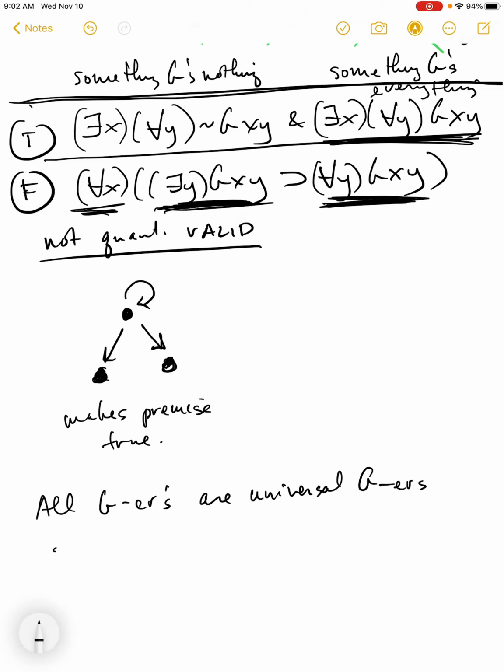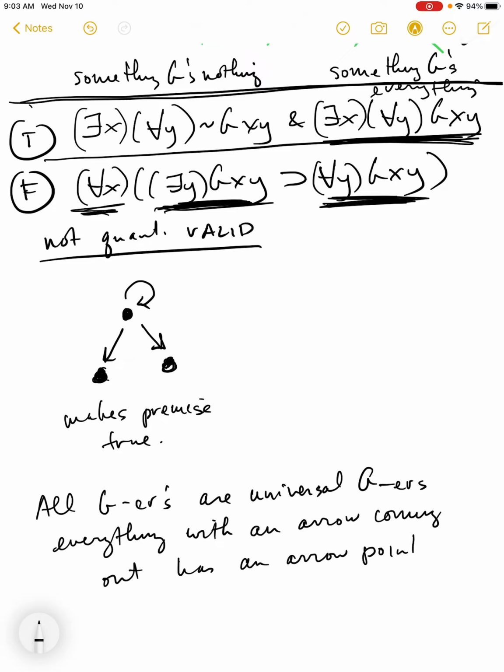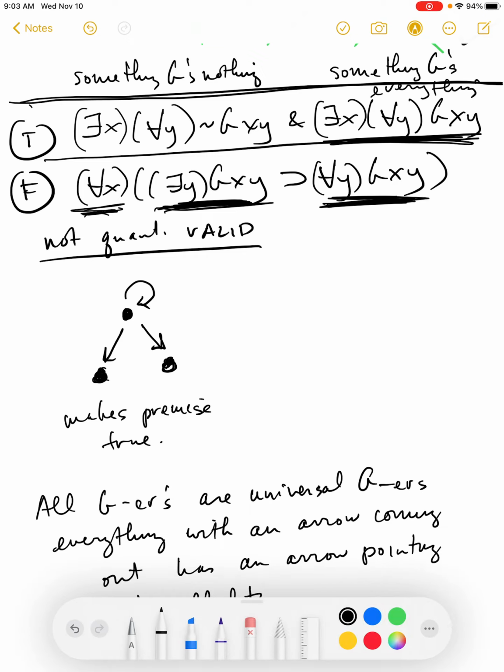So everything that has an arrow coming out of it has an arrow pointing to everything. Because everything in the universe is such that if there's something it bears G to, then it bears G to everything.